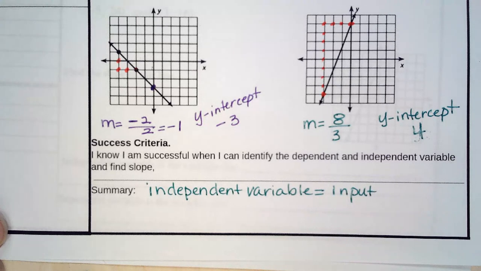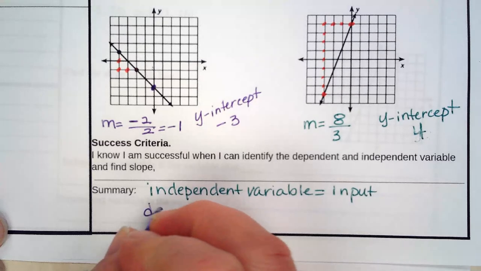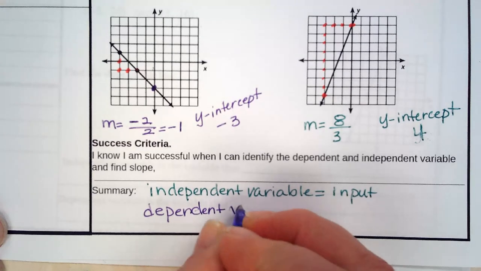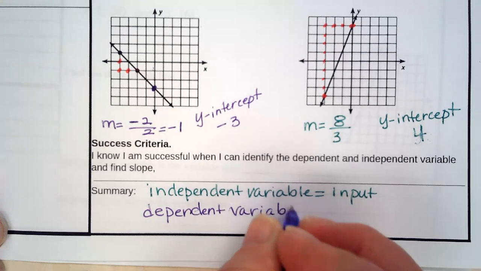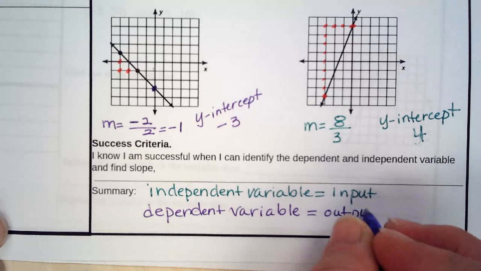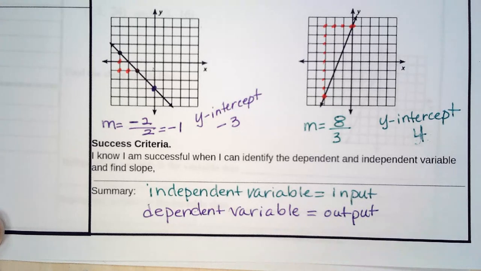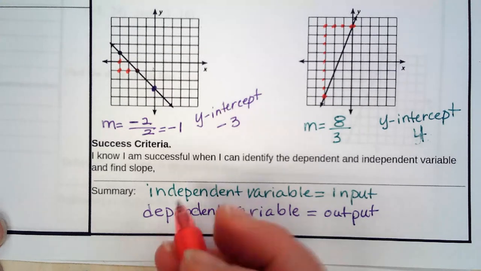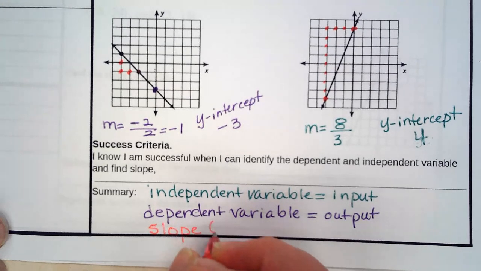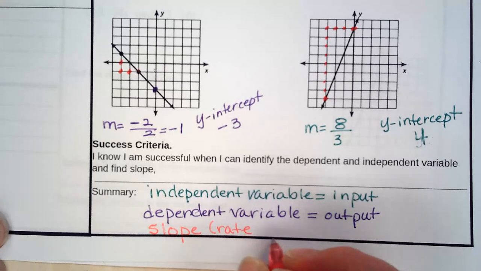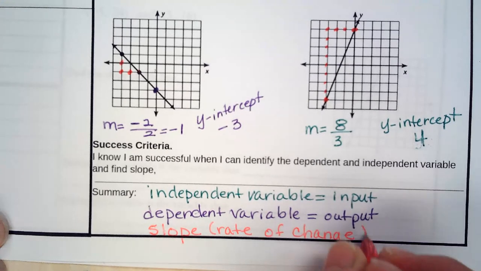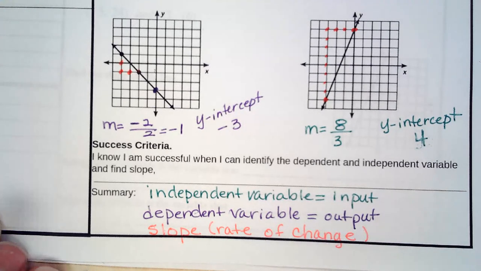Your dependent variable is your output. Your slope can also be called the rate of change. So I hope this helps you learn how to find the slope.